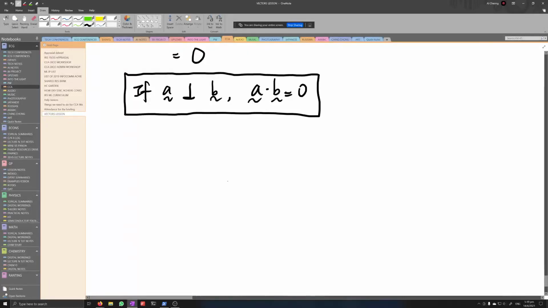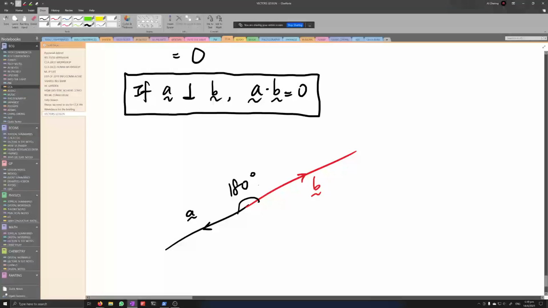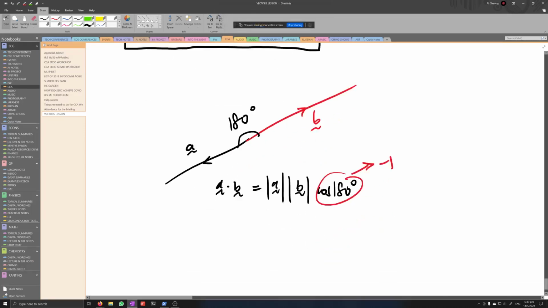Then, if let's say we have an A and we have a B, and the angle between them is 180 degrees, then A dot B equals mod A mod B cosine 180, and we know that this is -1.